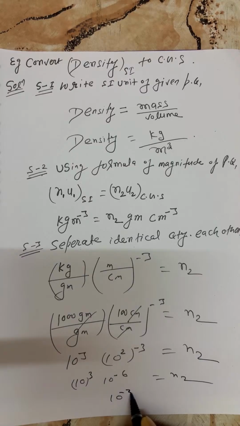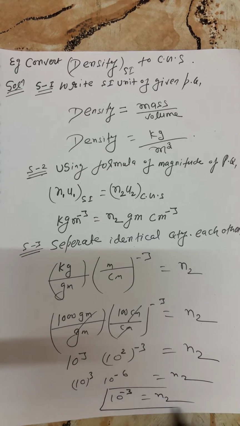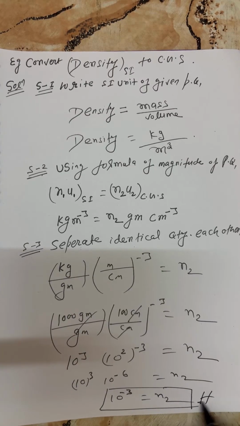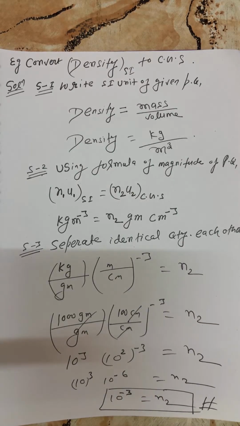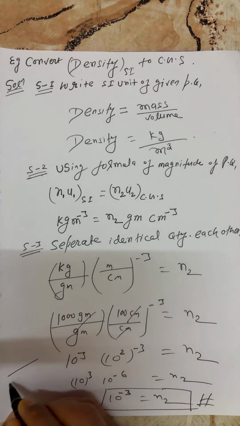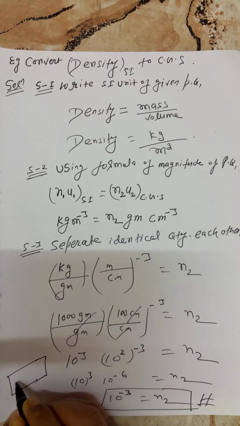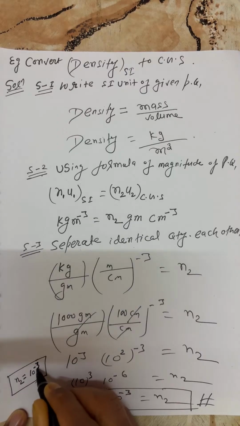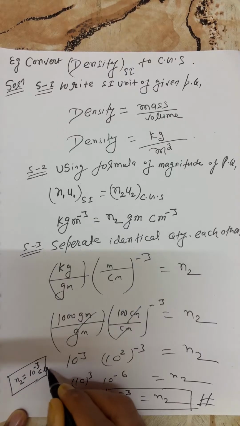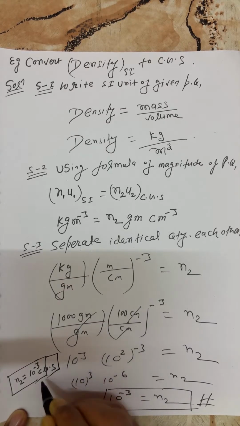So you can say 10 to the power minus 3 equals n2. So, kids, this is the answer to this question. N2 equals 10 to the power minus 3 CGS.